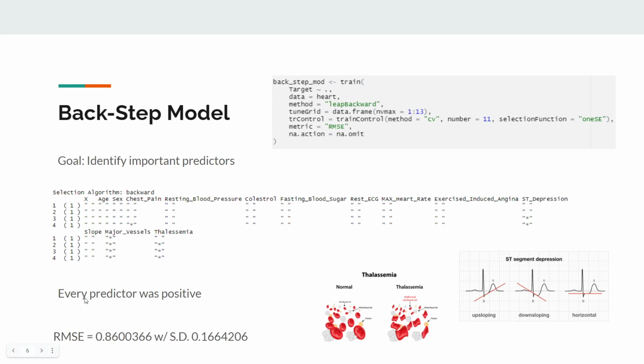And every predictor here was positive, and we got a much better RMSE here of about 0.86, down from just over 0.1, and the standard deviation is about 0.17.